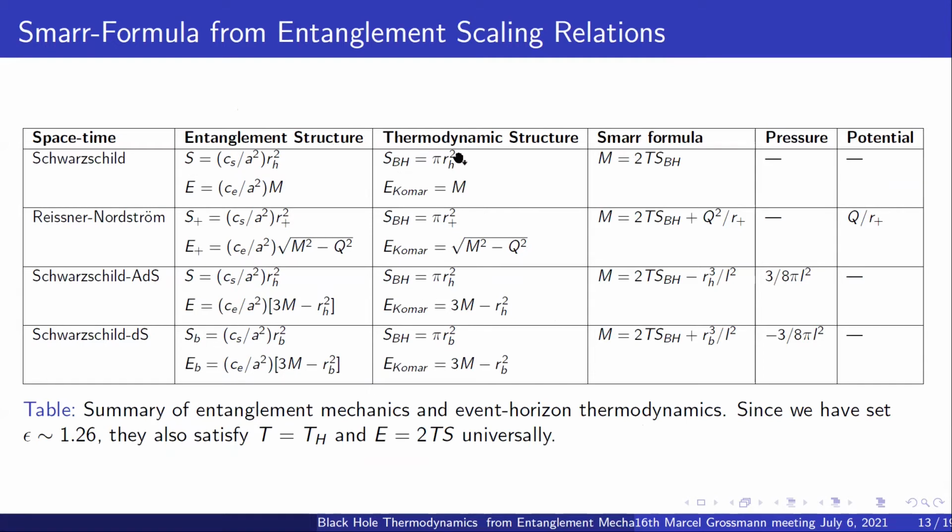And in the second column is the thermodynamic structure that is already known. And this we are able to obtain from entanglement structure simply by appropriately defining entanglement energy, and all the constants will cancel out. The Smarr formula, as you can see here, is an equation that connects mass of the black hole, potential and pressure, and the temperature and Bekenstein-Hawking entropy of the system.